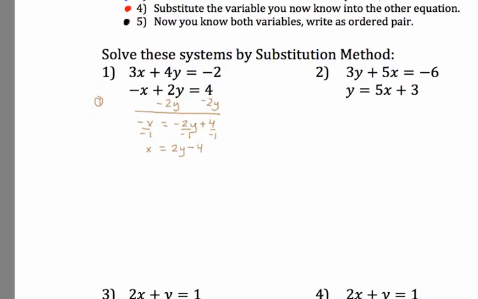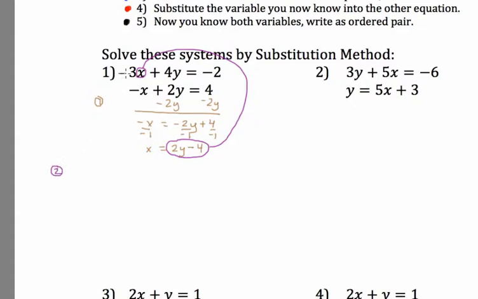Now that I have an x equals equation, I'm going to take the stuff that I know x is equal to and sub it into the other equation instead of the x. So basically what I'm doing is I'm kind of combining these equations so that I have one equation with one variable. Here's how it looks.